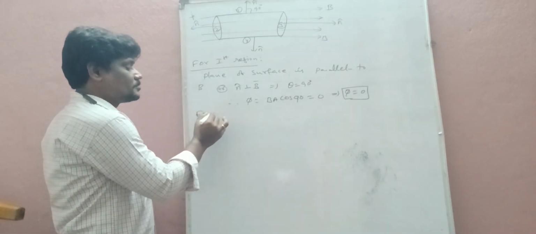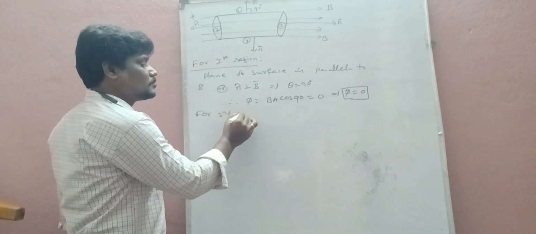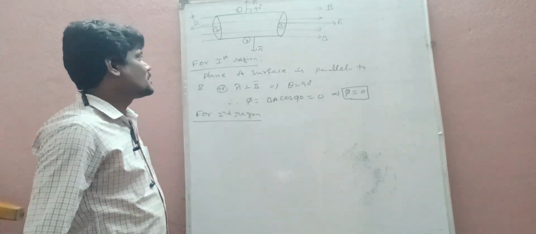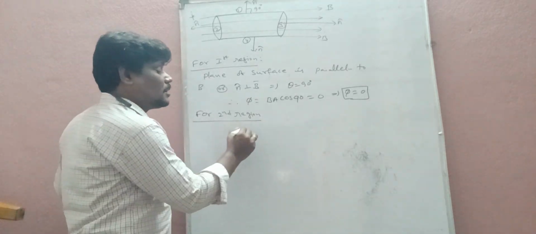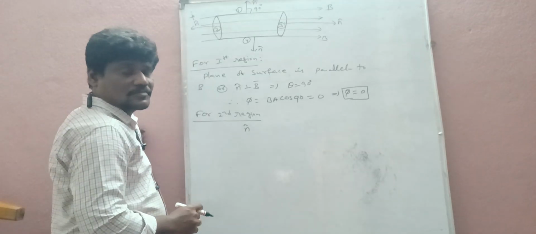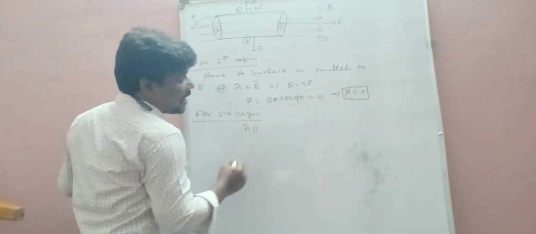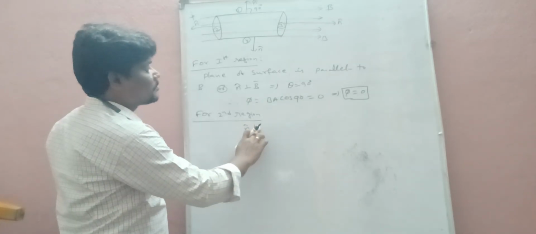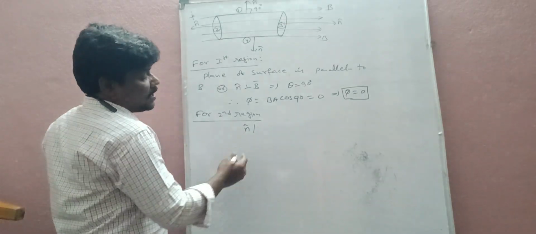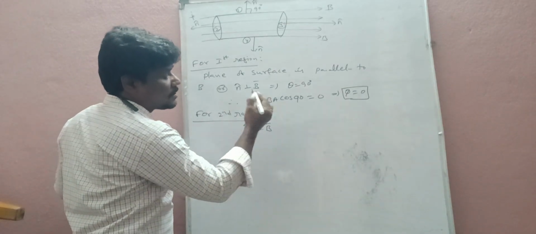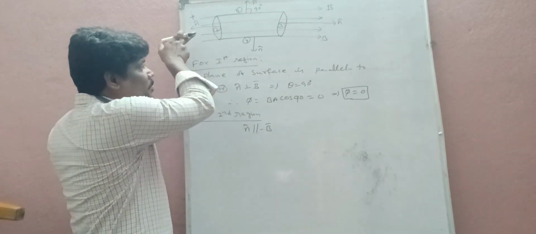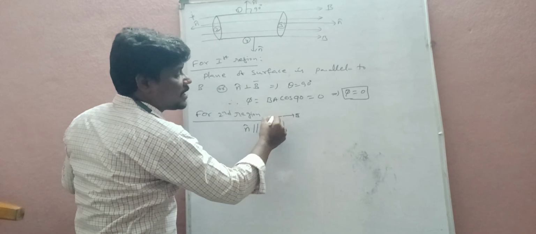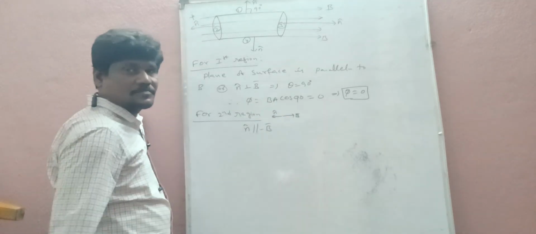Second region. What is the second region? Here n cap is anti-parallel to B bar. That is, B bar is in this direction, but n cap is in this direction.